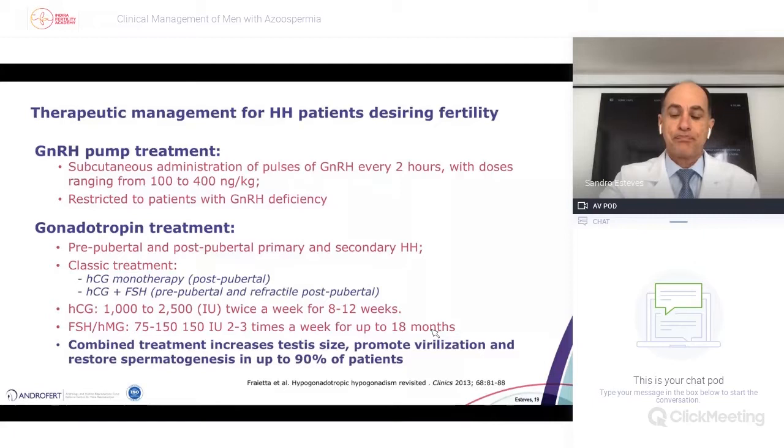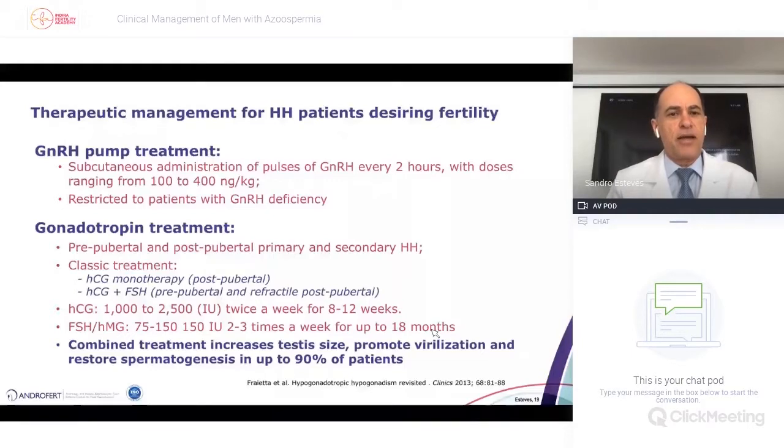Patients with hypo-hypo will have restoration of spermatogenesis in up to 90% of cases. What you see is an increase in testicular size, complete virilization, and restoration of spermatogenesis in 9 out of 10 patients with hypo-hypo.